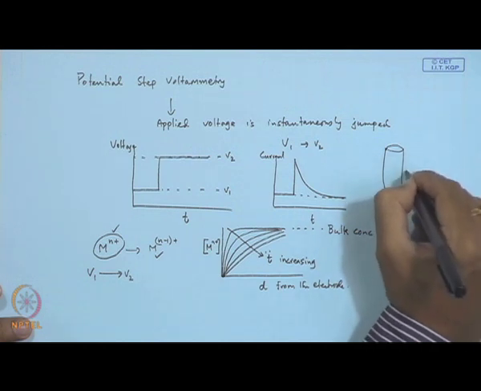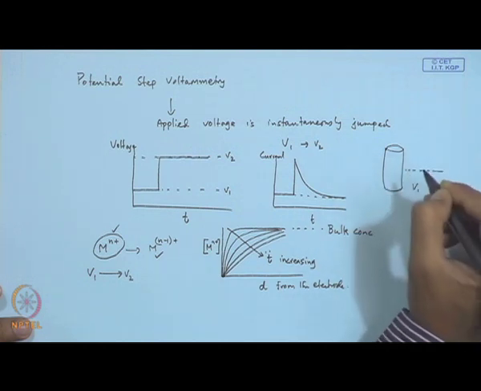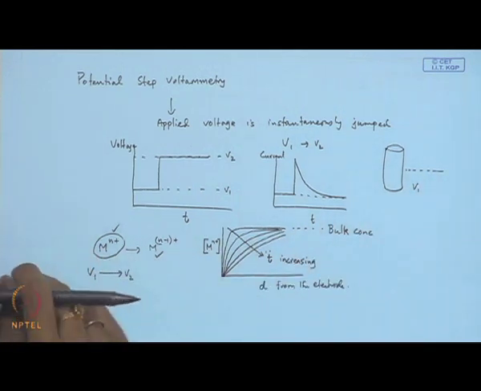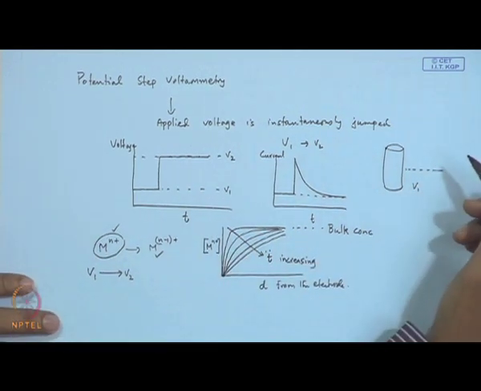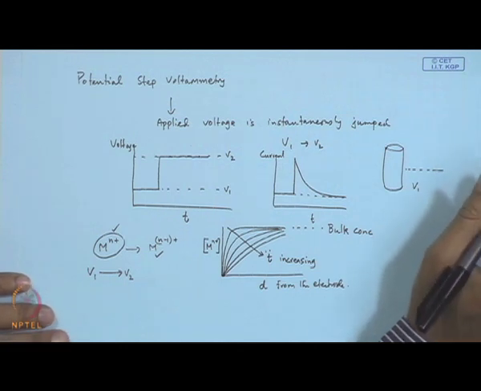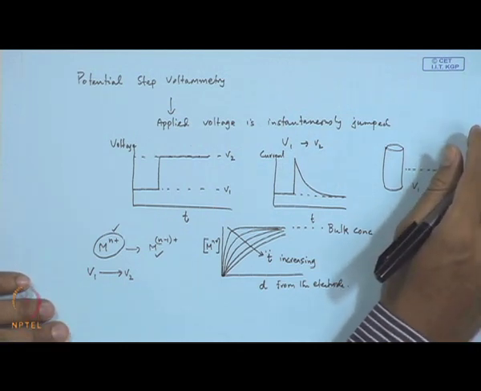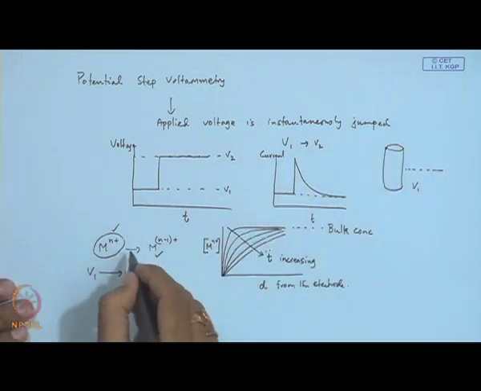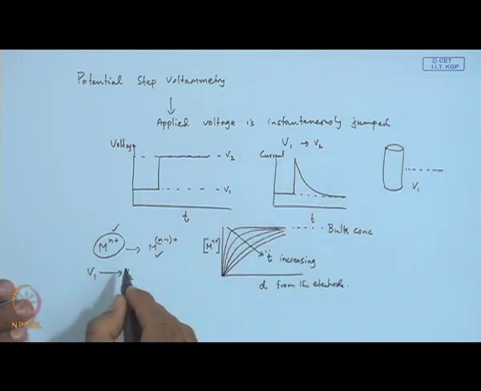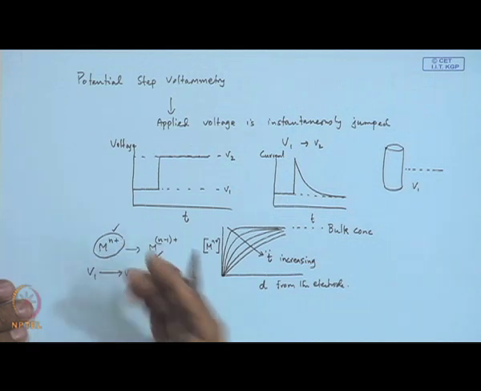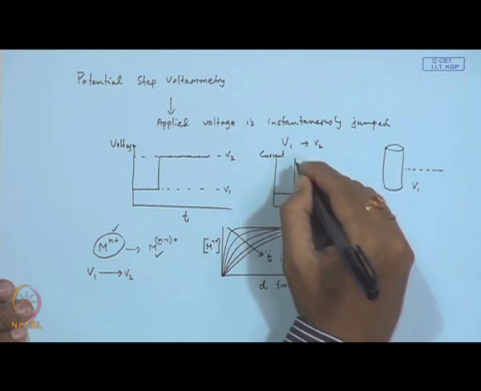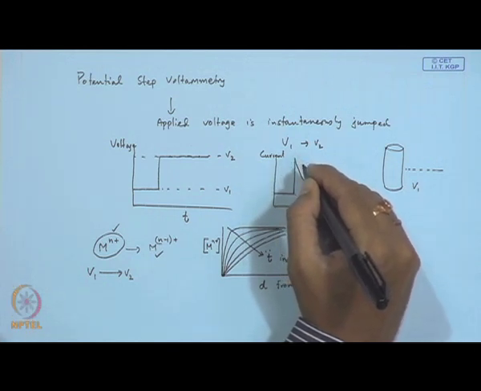So this is your electrode and this is the distance from the electrode, and the composition is almost constant. Once the step occurs, this reaction occurs and a large current flows, since electrons are required to reduce it. That is why it is hugely up.